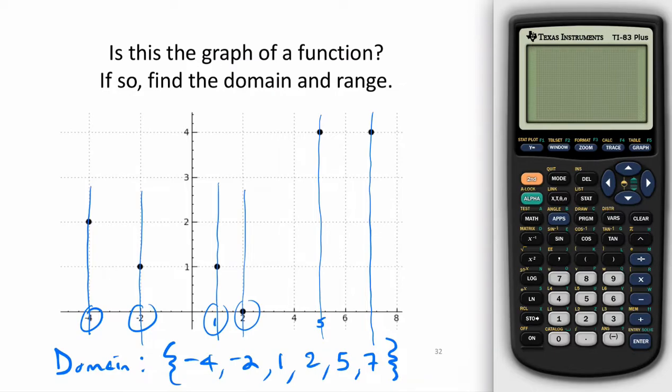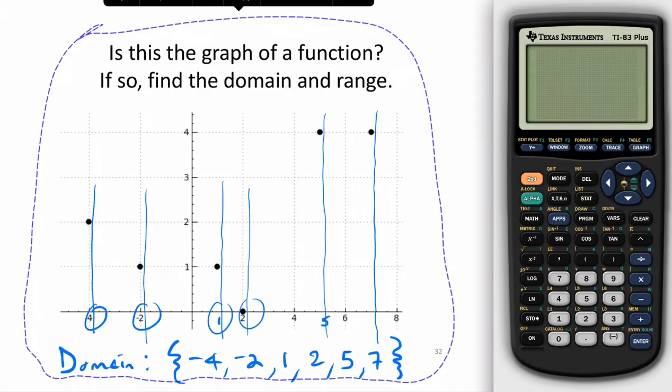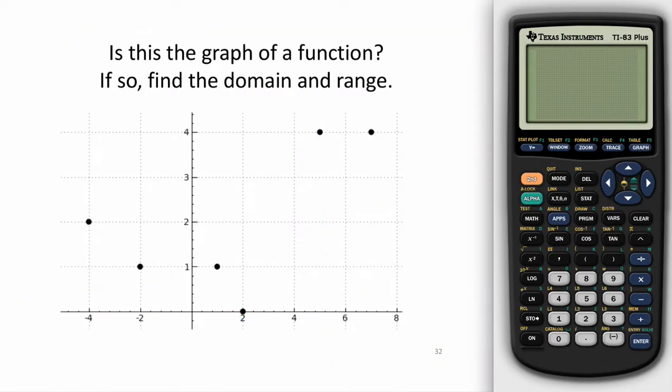How about the range of the function? Let me just clear this. The range of the function, I can think of horizontal lines that intersect this graph. That horizontal line, which has a y-coordinate of 0, is in the range.